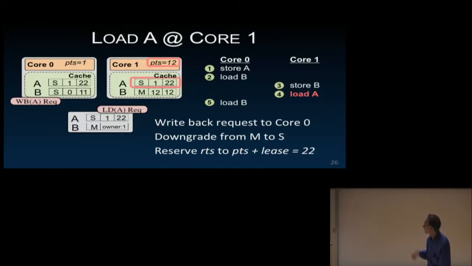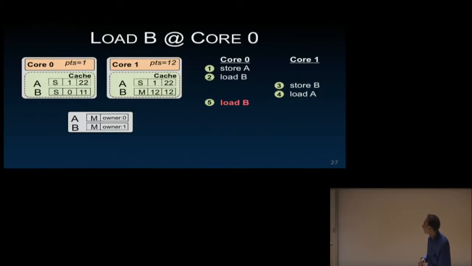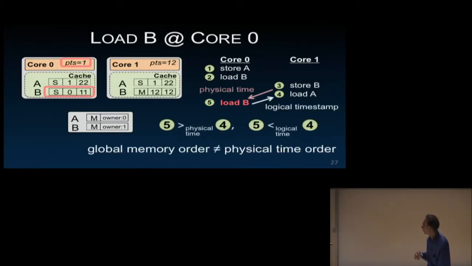Yeah. So that's essentially it, right? So let me summarize. The last load, there's nothing going on there. You just load that B anyway. So there's no change. The interesting thing here is that if you look at the timestamps, and I'll make this a little bit clearer, there's an inversion here. I told you that 4 was before 5 in physical time, right? I told you that up front.